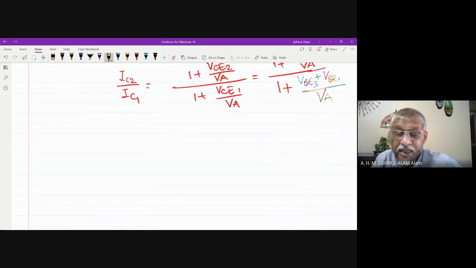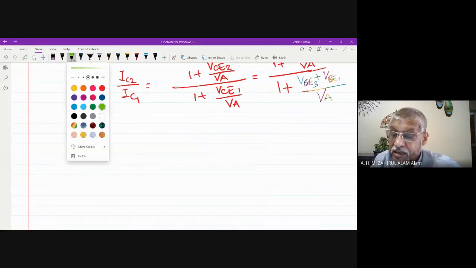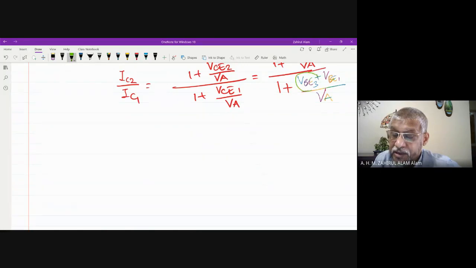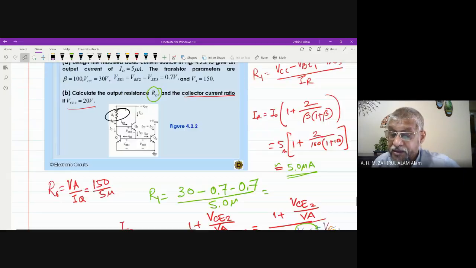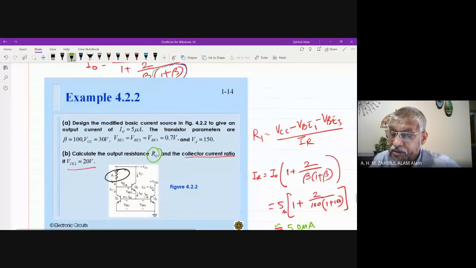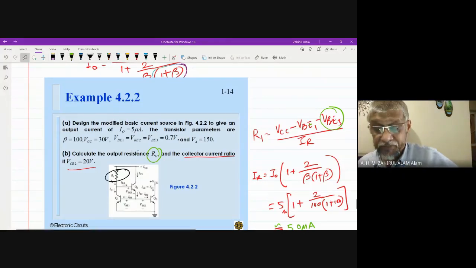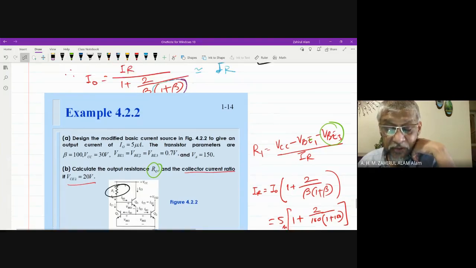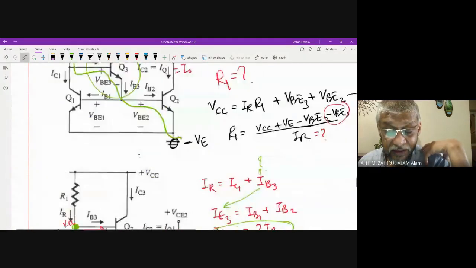So now we have additional term because there are two transistors. So we have two VBE, VBE3 additional term here in the case of this ratio and also here. So this is the additional because of two transistors.